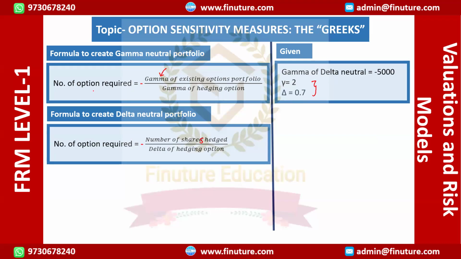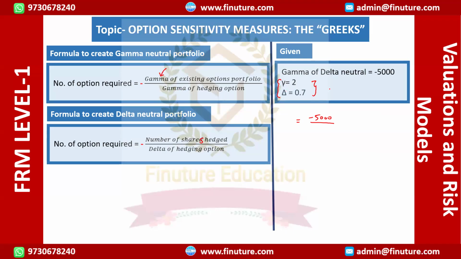When I say number of options, I am referring to the options that you will use, given for hedging your existing portfolio. So the number of options we will need is equal to the gamma of your existing portfolio, which is negative 5,000, divided by the gamma of the hedge option.